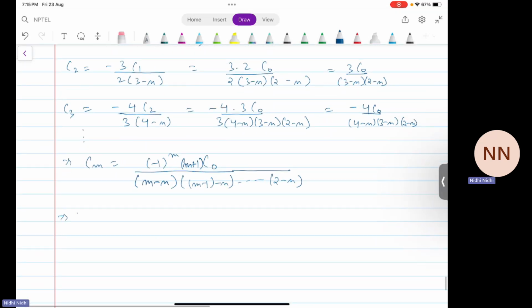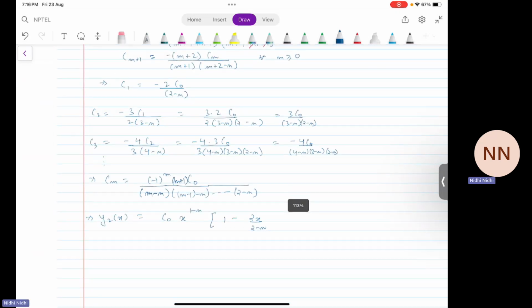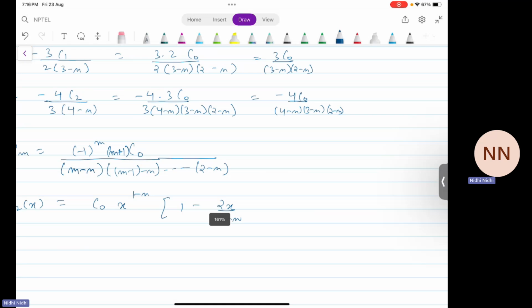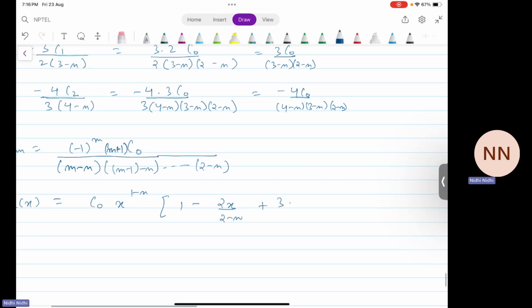So this gives us y2(x) is equal to C naught x to the power 1 minus n, 1 minus 2x by 2 minus n plus 3x square by 3 minus n, 2 minus n.